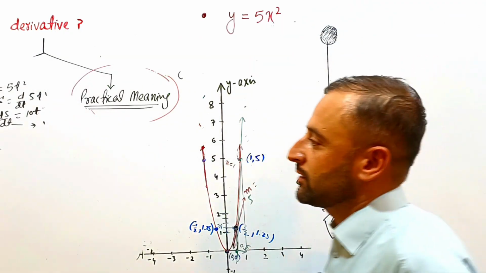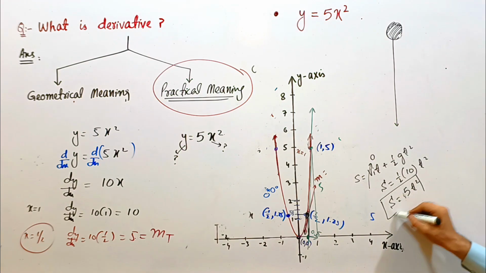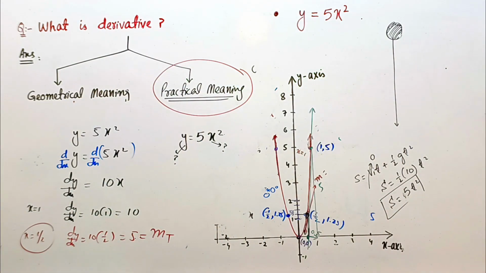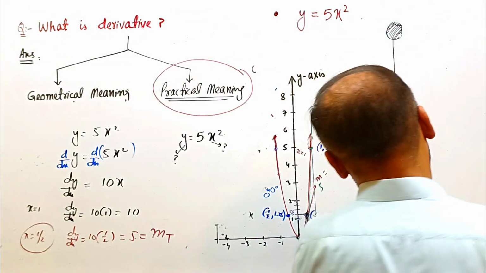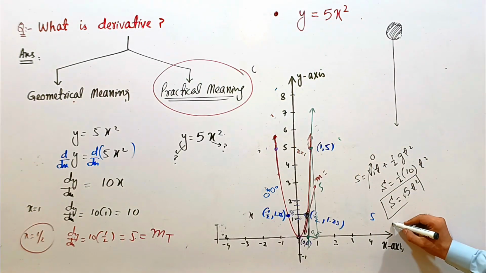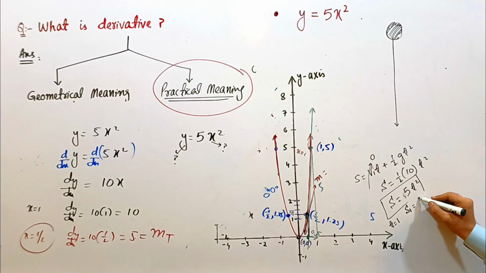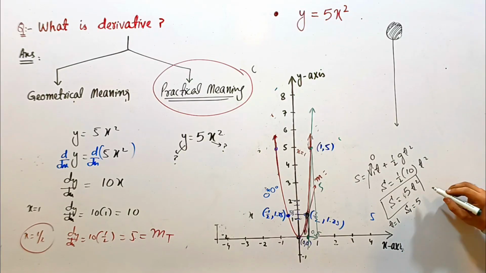Okay, move forward. The equation for distance covered by a body released from a height at rest will be s = 5t². For example, if t is 1, my sweet students, s will be 5 into 1 squared, s will be 5.